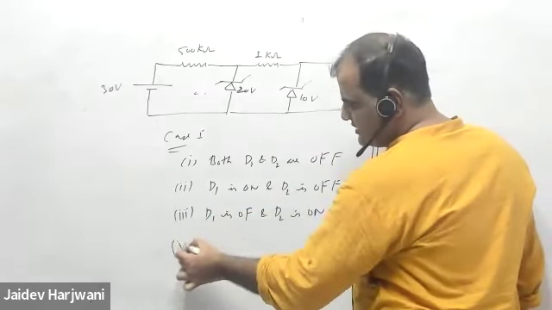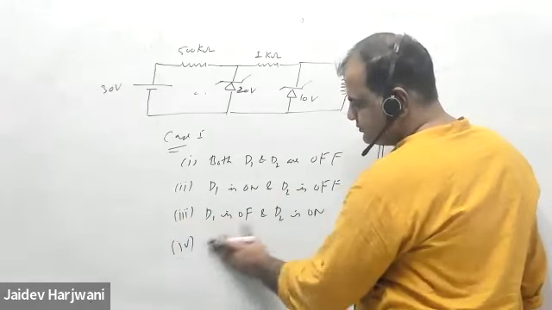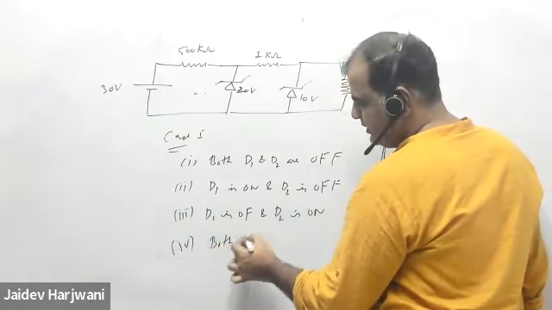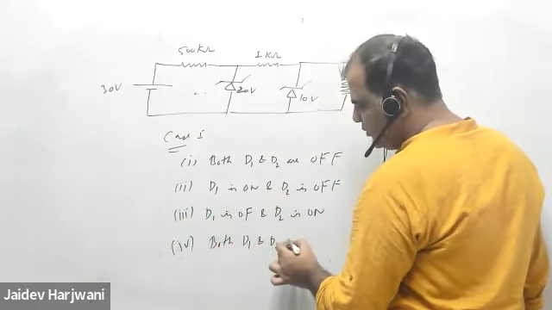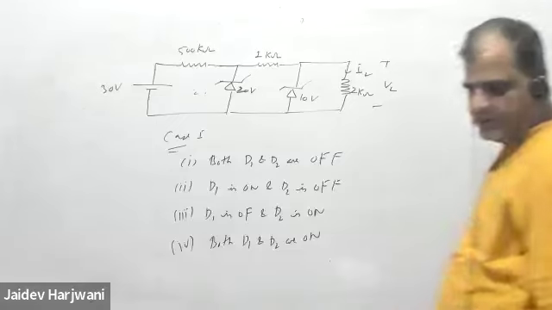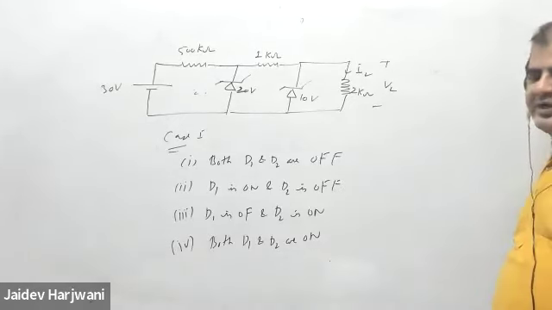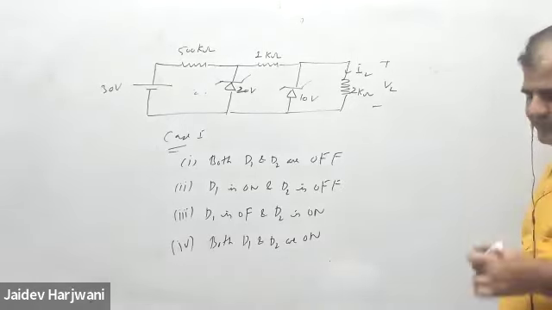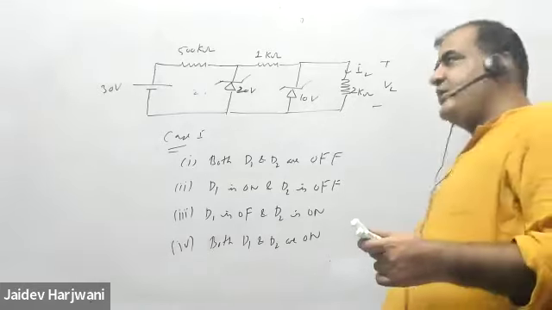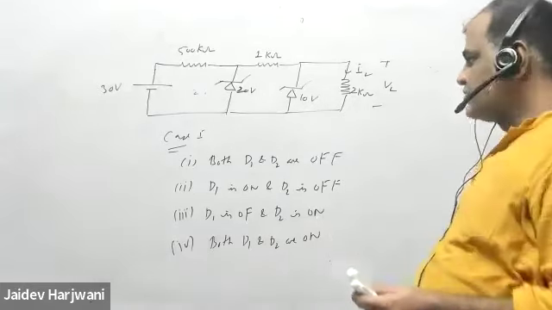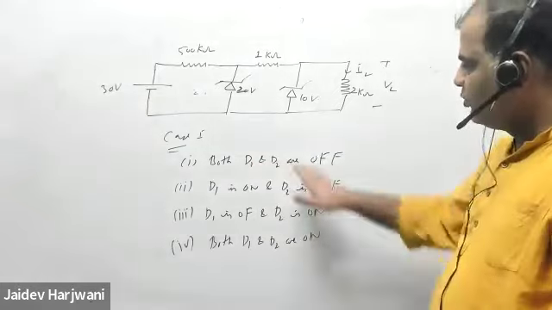And the last case is both D1 and D2 are on. So now I have to find out what is the actual state of these Zener diodes. First of all, I am assuming both are off.